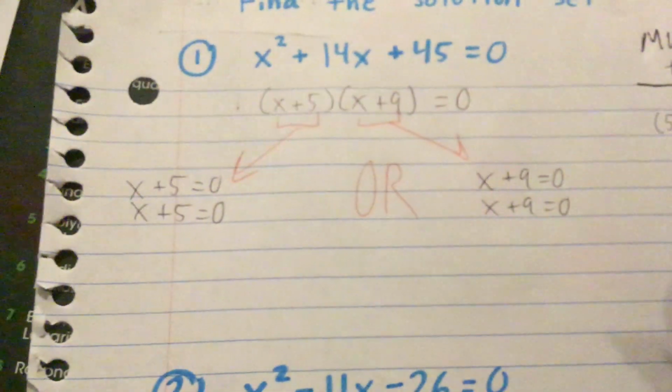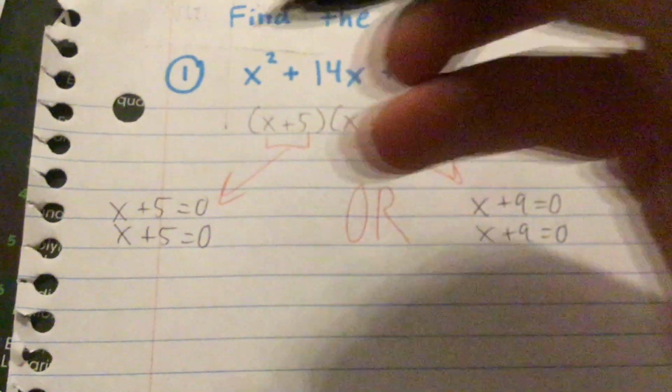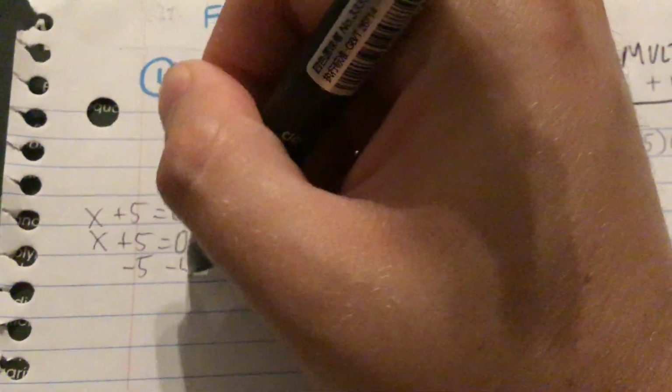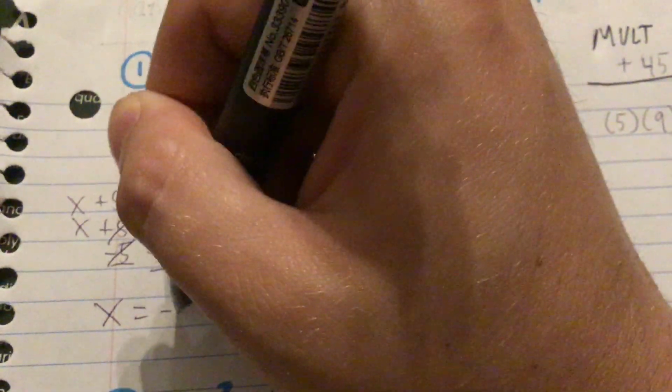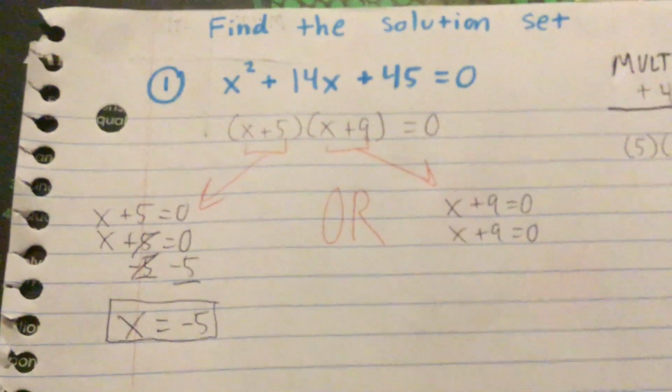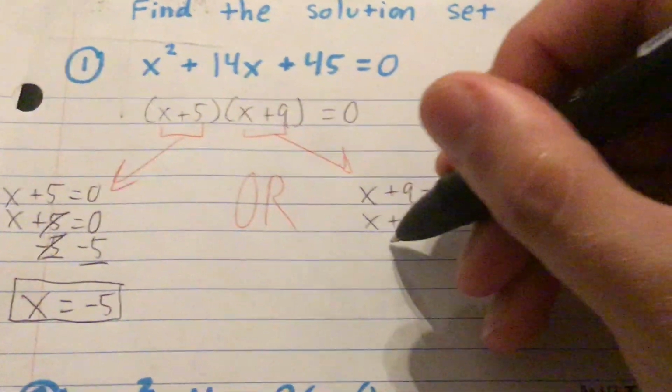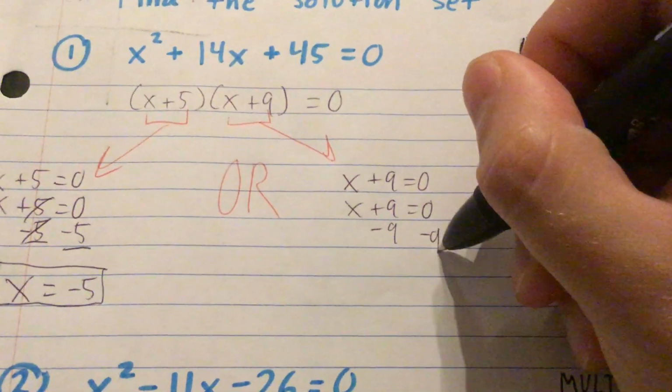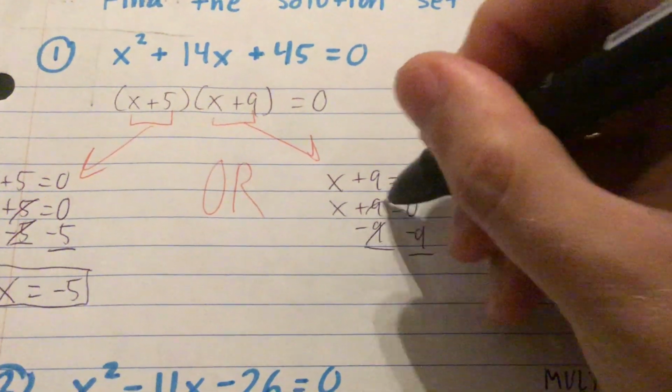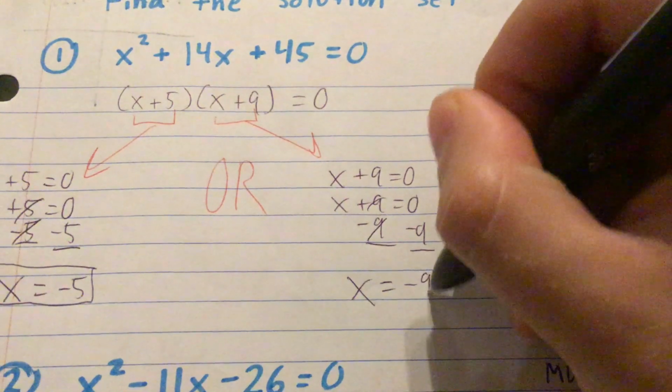For x plus 5 equals 0, we subtract 5 from both sides, and x is equal to negative 5 is one of the solutions. The other solution is when you set x plus 9 equal to 0, subtract 9 from both sides, and you get x is equal to negative 9.